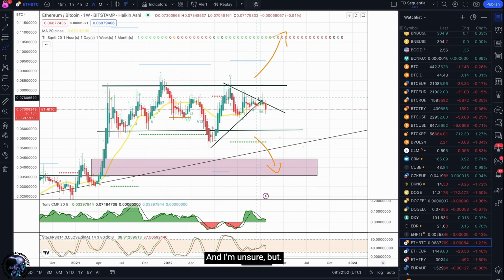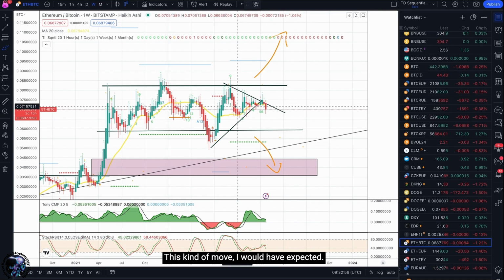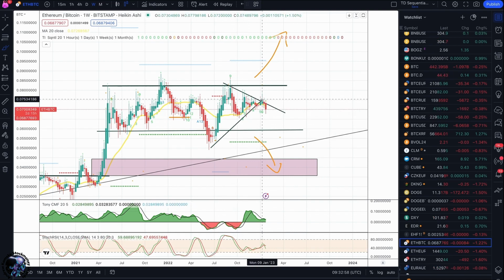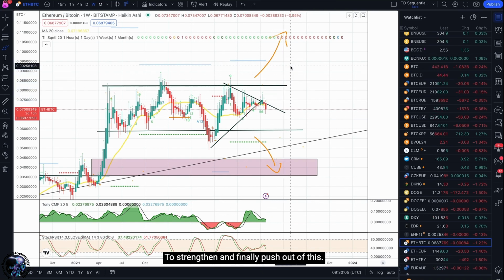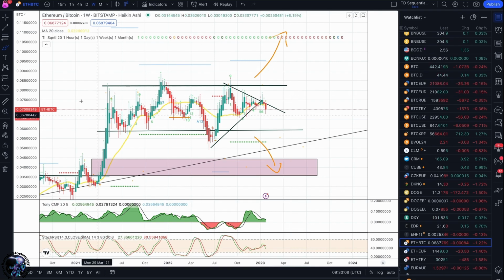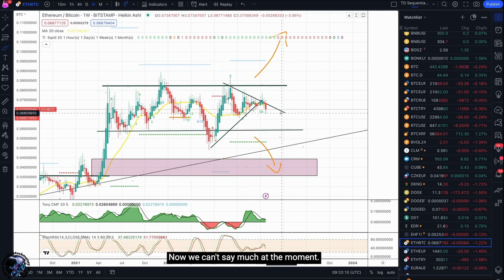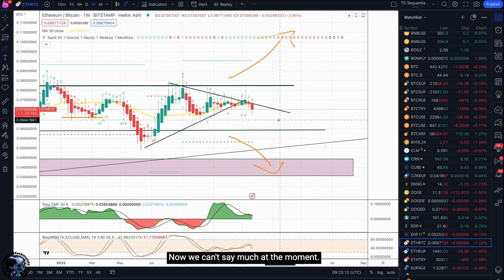And I'm unsure, but this current move, I would have expected, if we were to break to the upside, Ethereum to strengthen and finally push out of this 2-year chart pattern. Now, we can't say much at the moment.